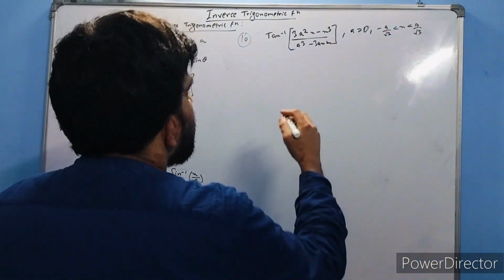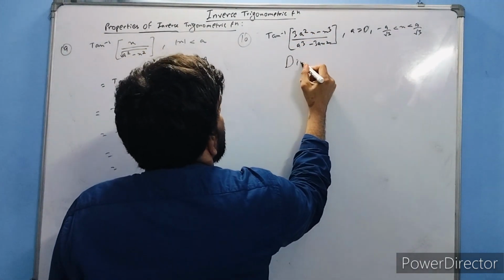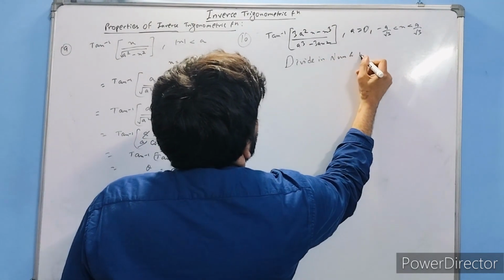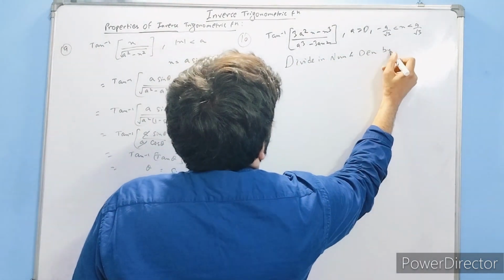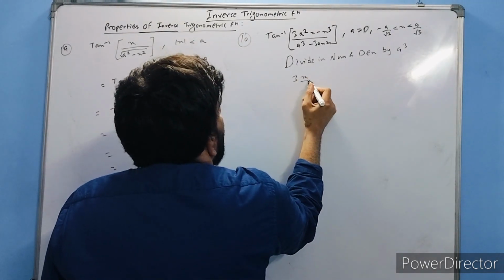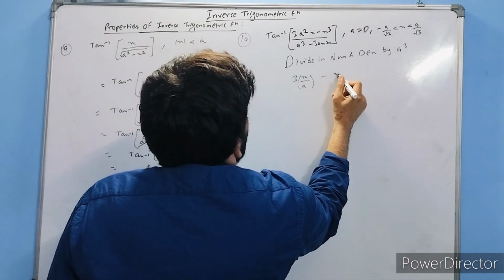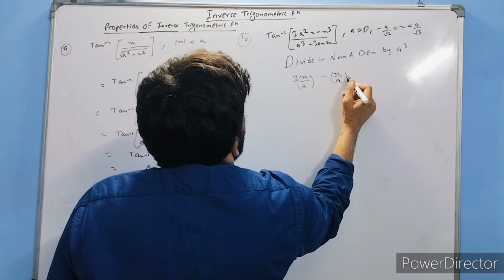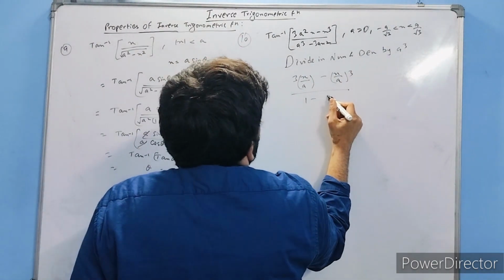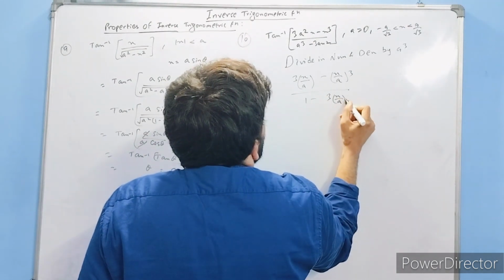Now let us see how we can solve. We can divide the numerator and denominator by a cube. So it will have 3x upon a minus x cube upon a cube, upon 1 minus 3x square upon a square.